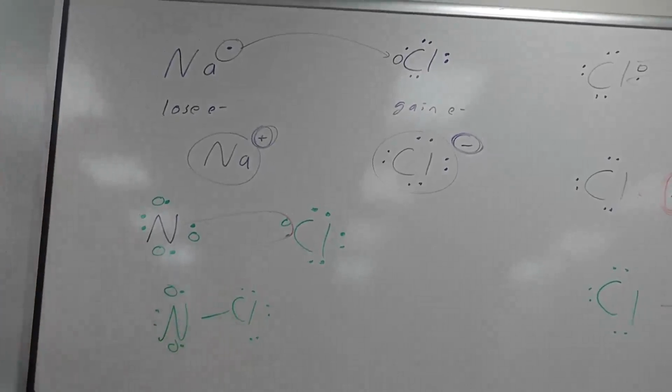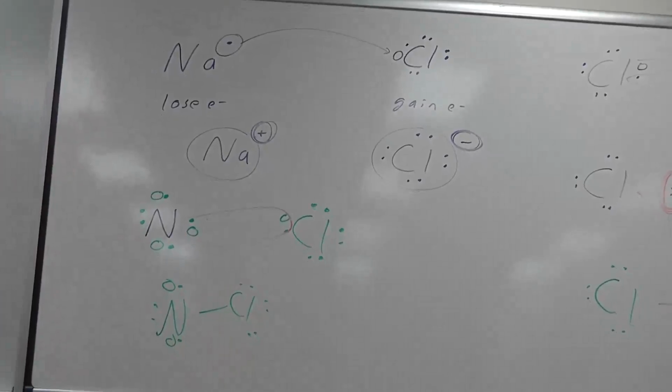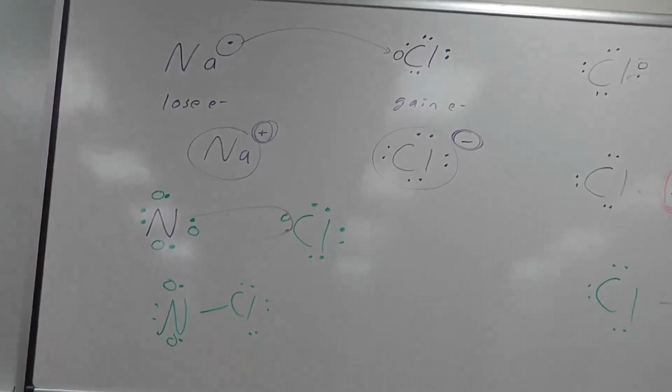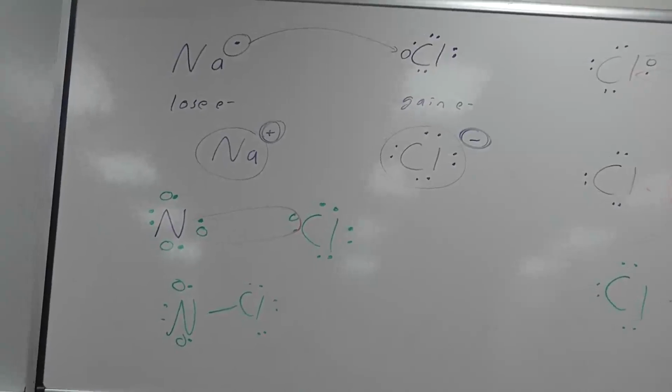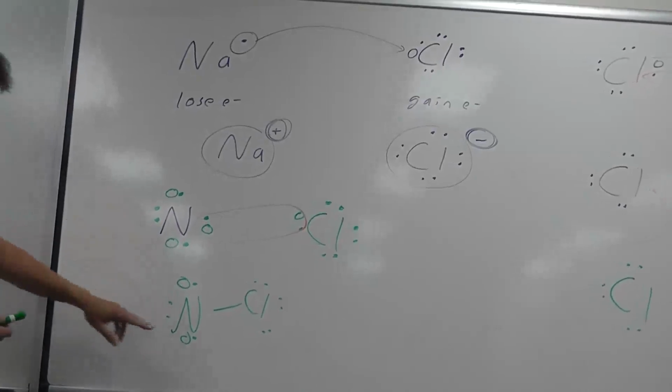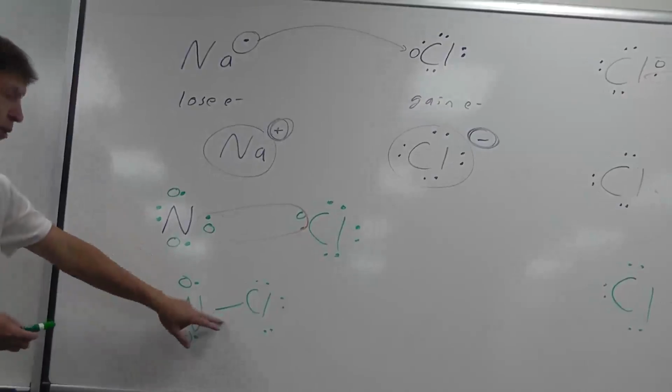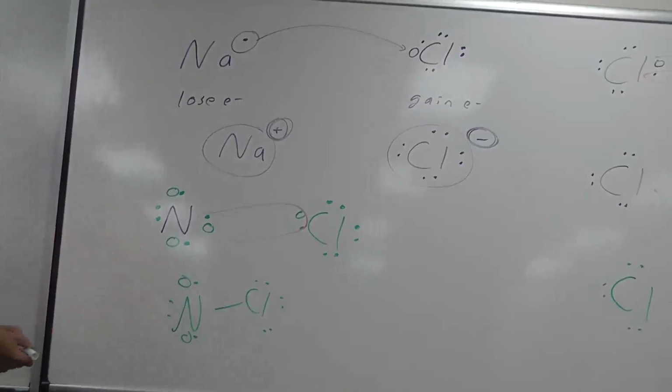Does that make chlorine stable? Yeah, because chlorine now has 8. Is nitrogen stable? No, it's not. It didn't have an octet before. It's got, what, 6 now, 4 of its own plus access to 2. That's still not an octet.